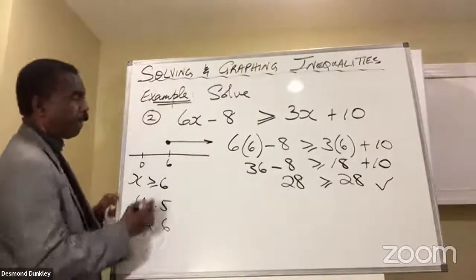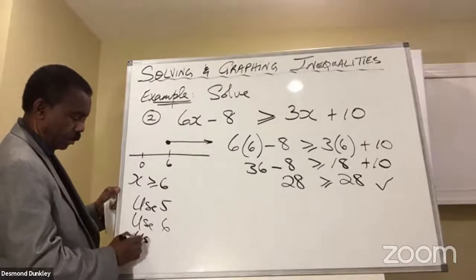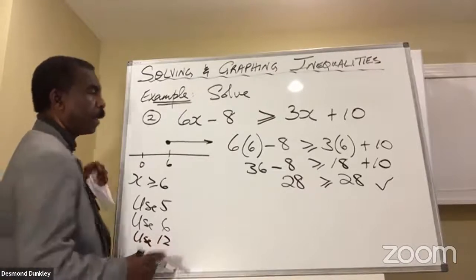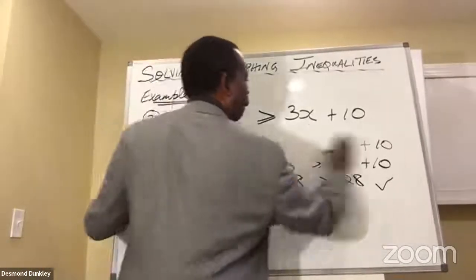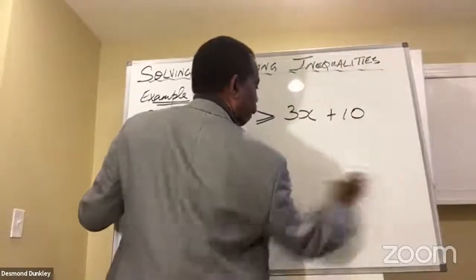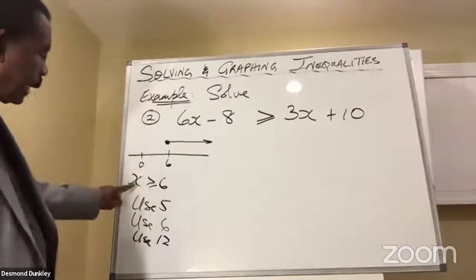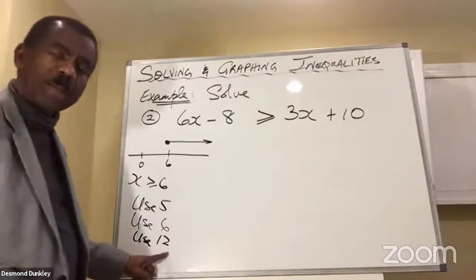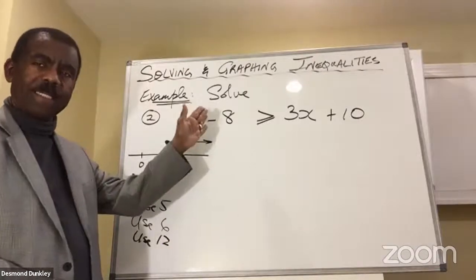Let's try a number bigger than 6. So use 12. And let's see what happens. What is our expectation? It says x must be greater than or equal to 6. We're using 12, so therefore we expect that 12 should work in this situation.